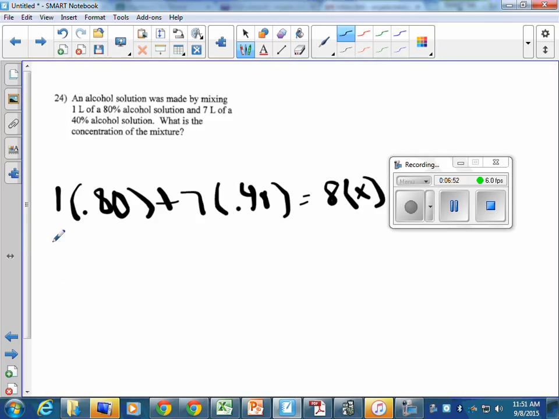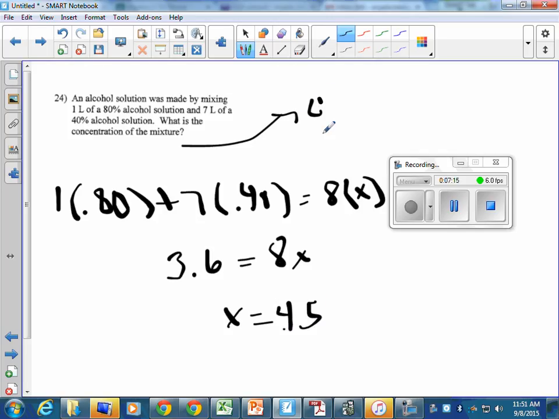So I get 1 times 0.8 is 0.8, plus 7 times 0.4 is 2.8, equals 8x. Divide by 8, and I get 0.45. So my mixture is going to be 45% concentrated.